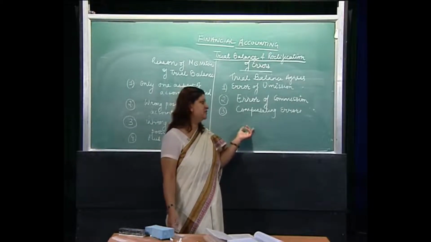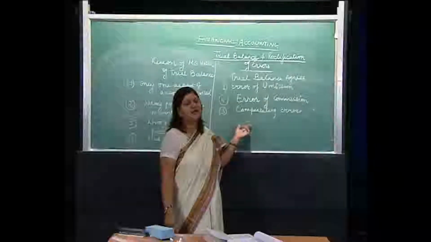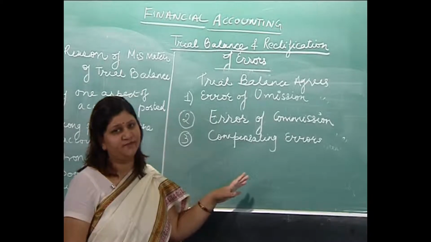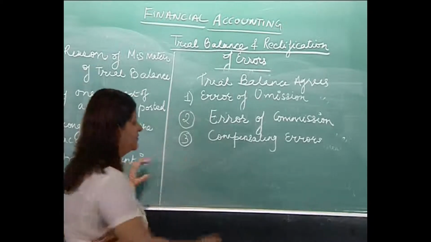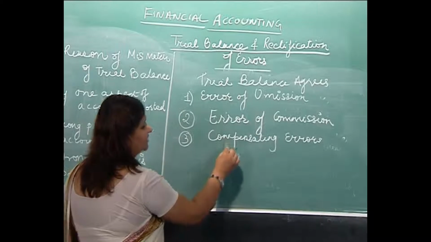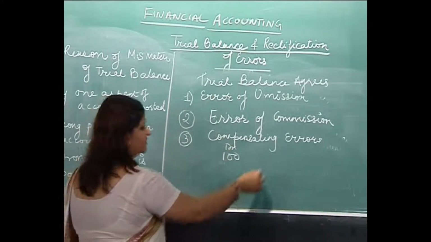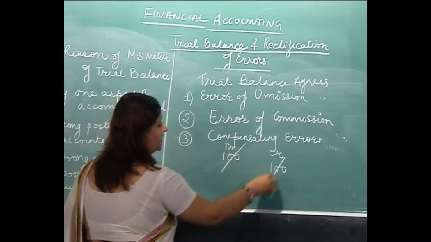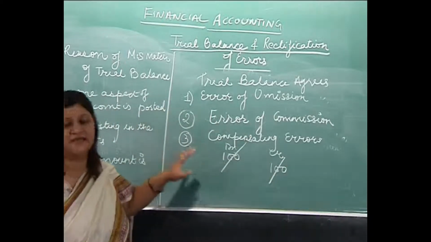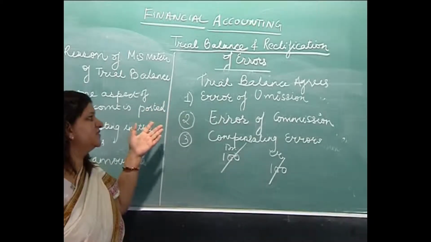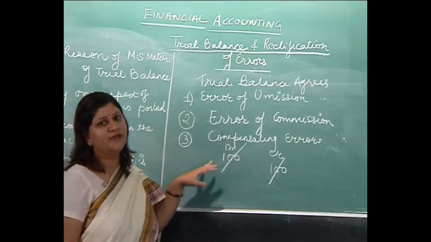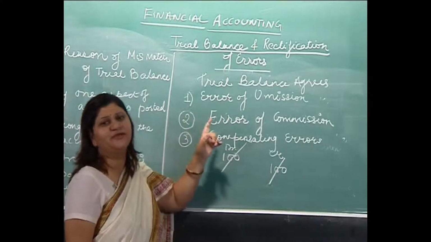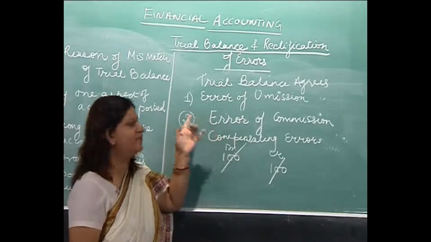If we have committed a mistake on the debit side of 100 rupees and the same sort of mistake is committed on the credit side, for example 100 rupees were underwritten on the debit side, and similarly because of an error in posting 100 rupees were shown less on the credit side, they will mitigate the effect of the error although there is an error. So these are the possibilities where trial balance may agree, but the errors would be there and we are not able to locate these errors with the help of trial balance.